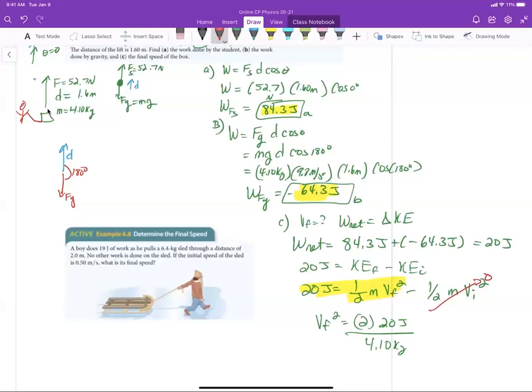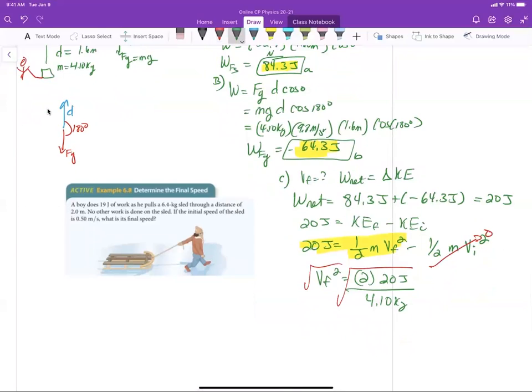Notice that's velocity squared. Have to take the square root of both sides. I find the final velocity to be equal to, let's double check, I get 40 divided by 4.1 and take the square root. 3.12.